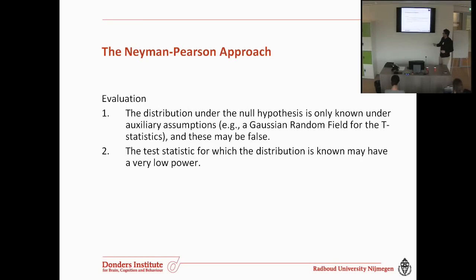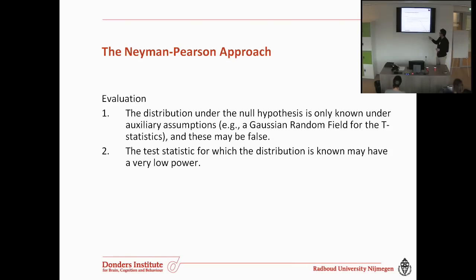Now, let's evaluate this. First, with respect to the auxiliary constraints that you have to assume, that turns out to be quite challenging. If you want to calculate the sampling distribution of that maximum t statistic or some other aggregate statistic, you have to make auxiliary assumptions which are more strict than what you have in the univariate case.